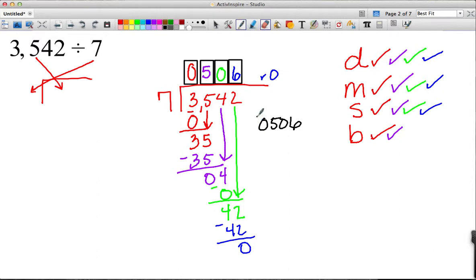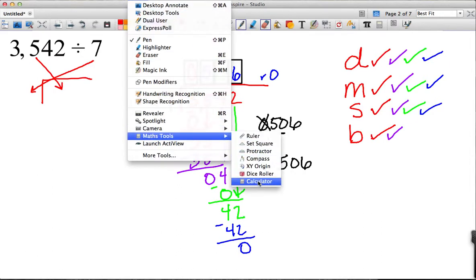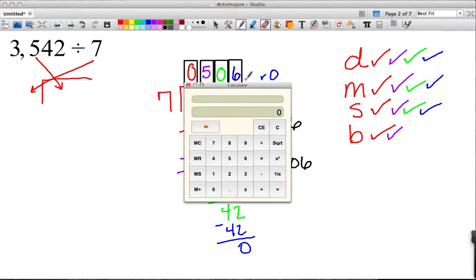So in this case, we're going to eliminate this 0, but we have to keep this 0. So our answer here is 506. And the way you can check that is you can go back and say, does 506 times 7 give you 3,542? And if it does, which it did, you know you have the correct answer.